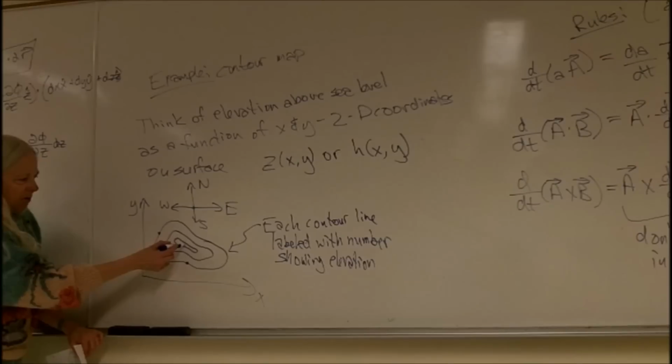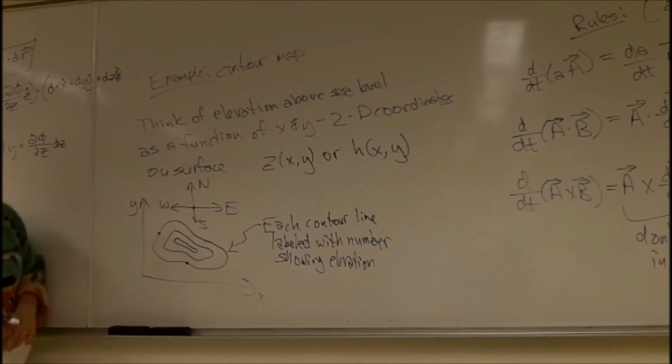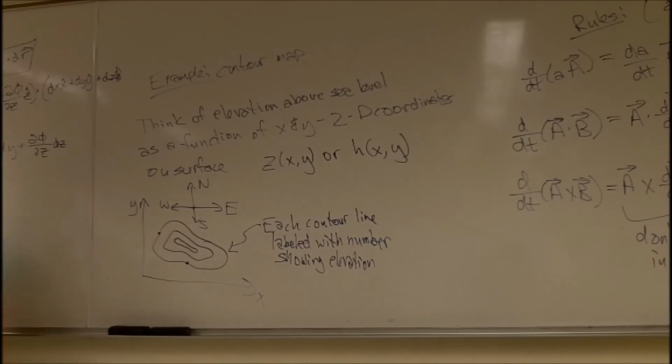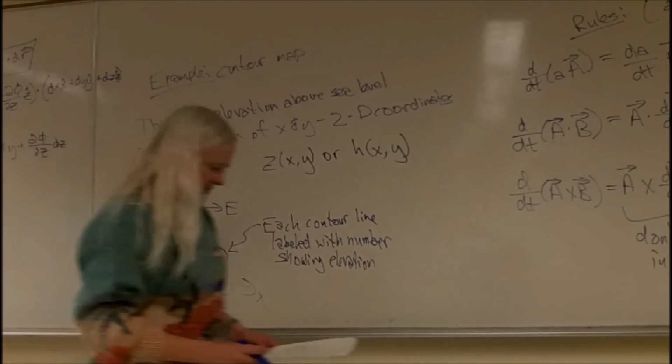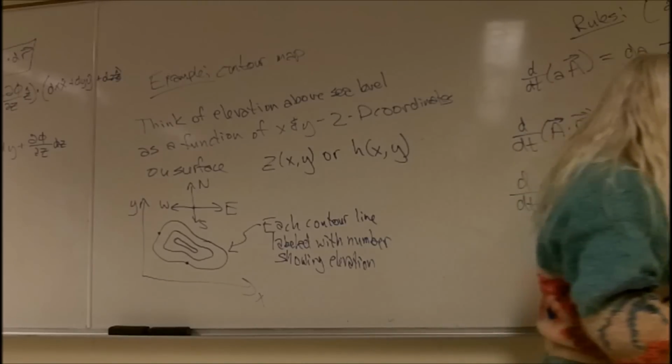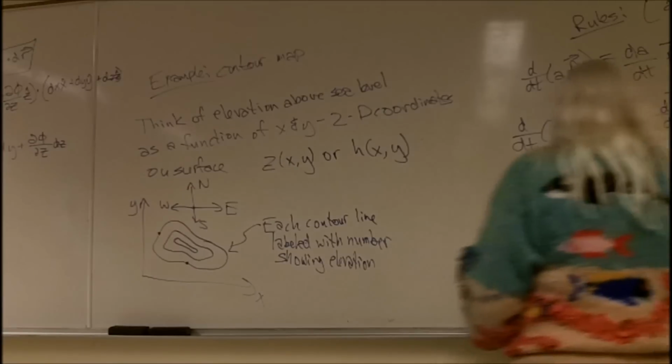Maybe there's a peak right here, which would be the case if the numbers got bigger as you went in. If they went smaller as you went in, of course, it could represent a valley instead of a mountain. So that would certainly be an example of something that could be represented by a scalar field like this.